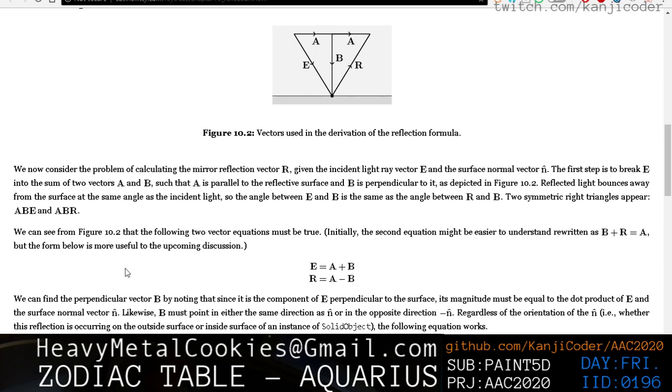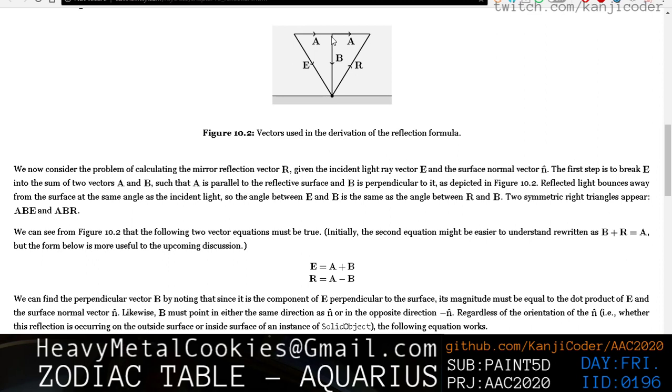We can now see from Figure 10.2 that the following two vector equations must be true. Initially, the second equation might be easier to understand, rewritten B plus R equals A. Okay, it's because if this is at 0, 0, and we add B, and then we add R, we end up over here, right?